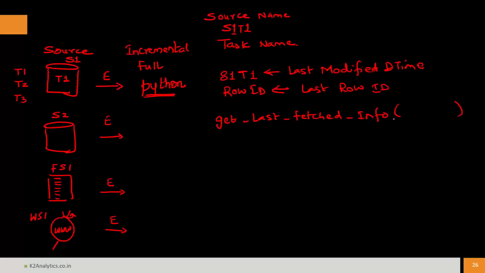This get last fetched info will take an input, the source ID. You will have to give the source ID. When you run get last fetched info, it will provide you this information: what was the last modified date time and last row ID?